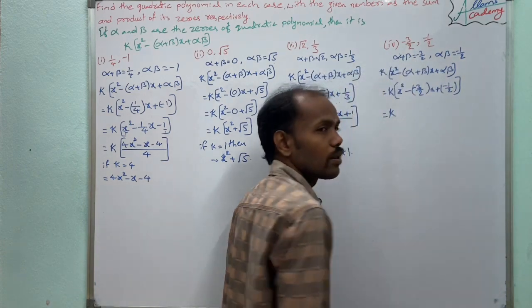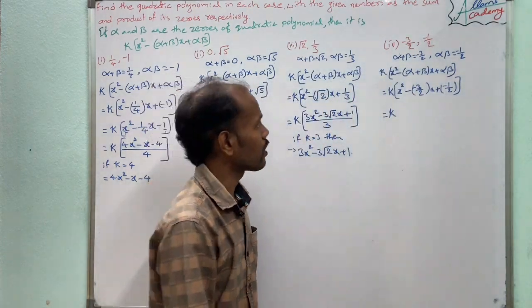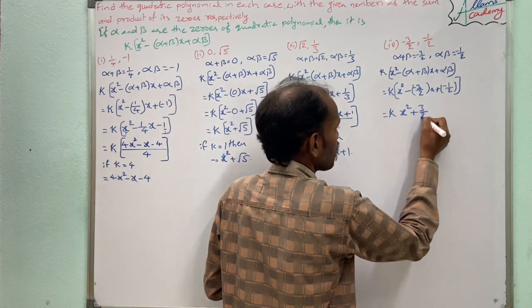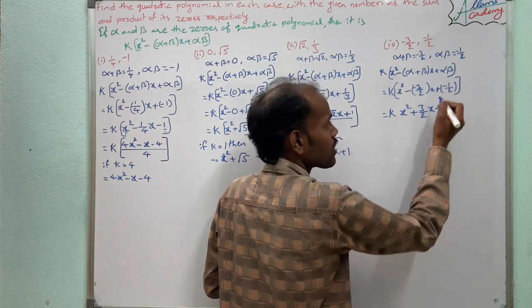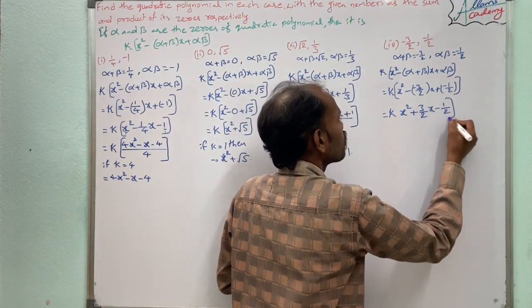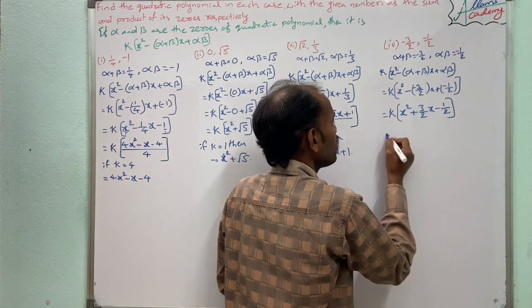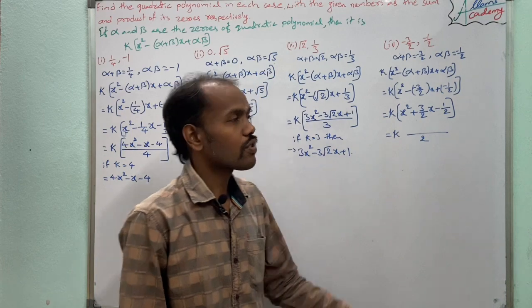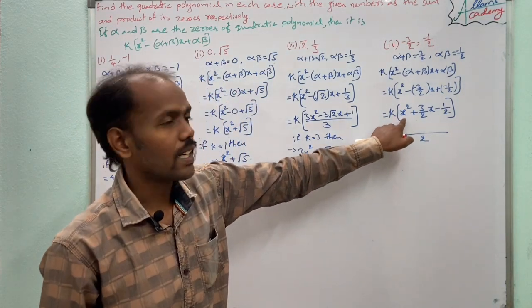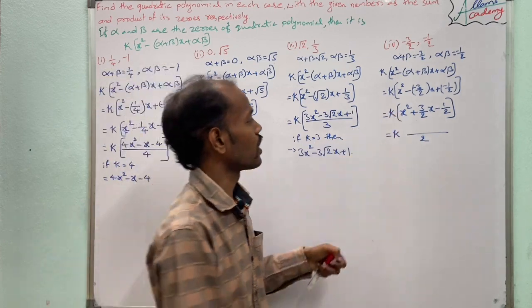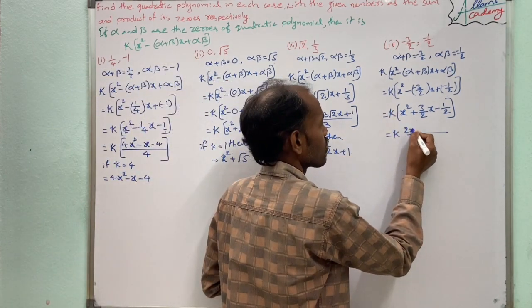So minus into minus is nothing but plus. So k into x² plus 3/2 x plus, into minus, means minus, 1/2. And here we observe the LCM of the polynomial is 2. Here the denominator is 1, so 1 twos are 2, so 2 into x² equals 2x².